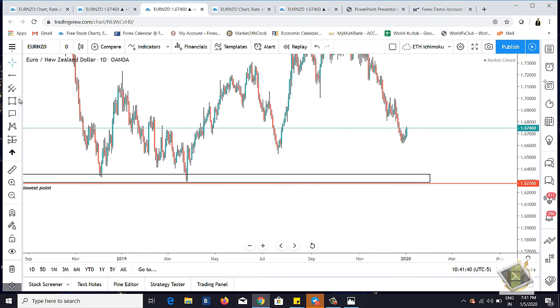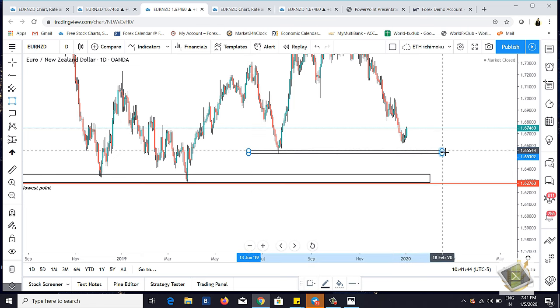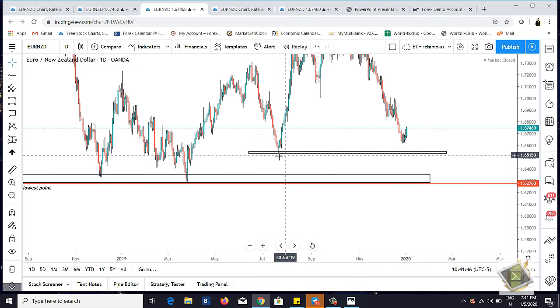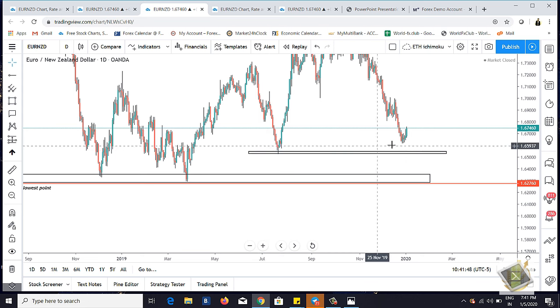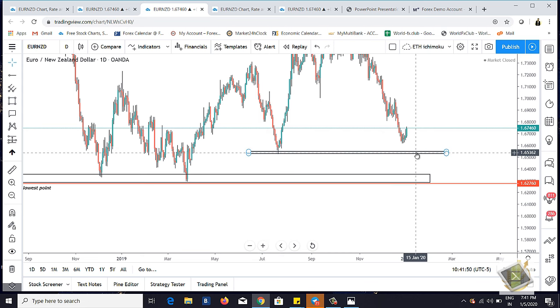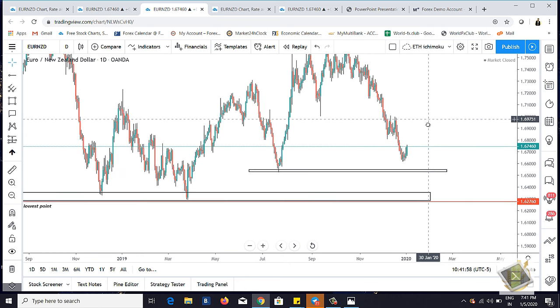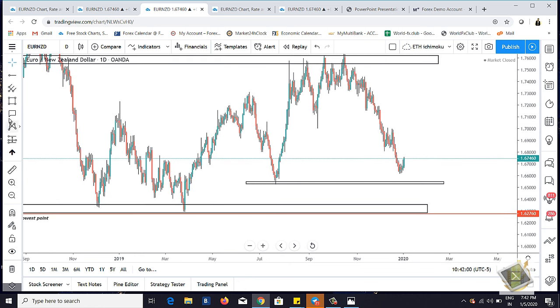So if I draw another line here, I know that this can be an important area. If price moves here, we can open a long or buy position, because we are expecting the same thing to happen which happened in the past. So we have marked this, and I will mark this as well as a support zone.